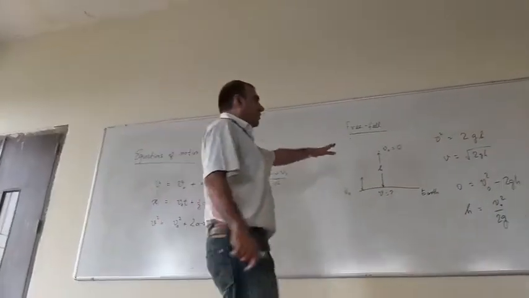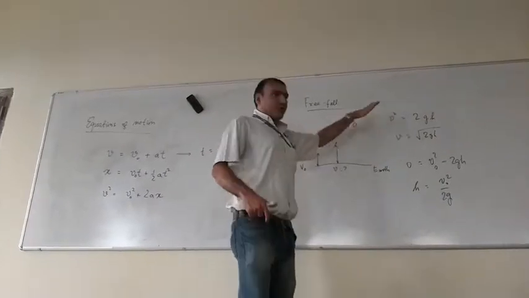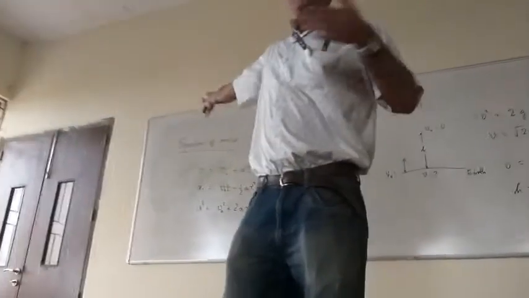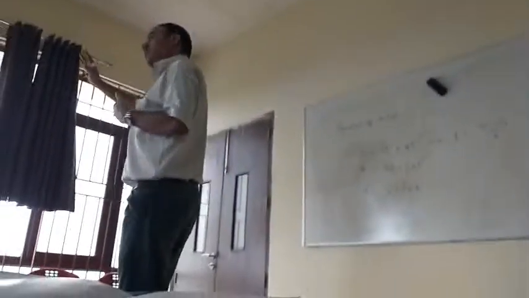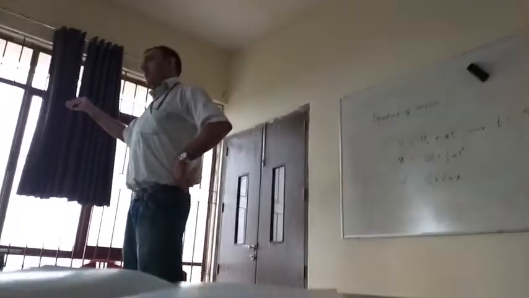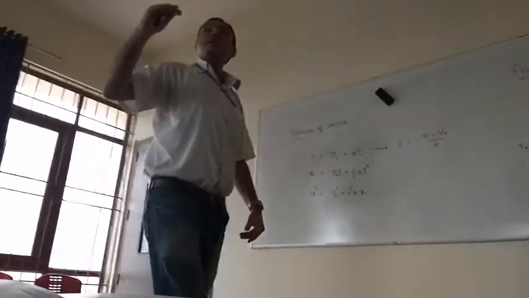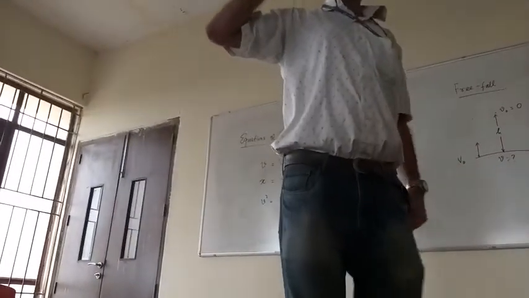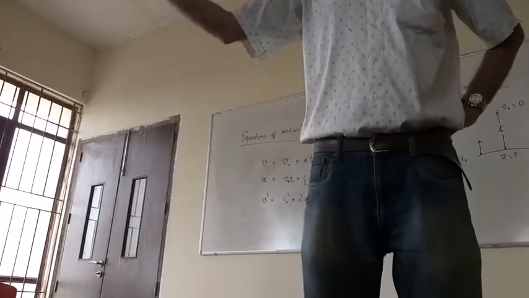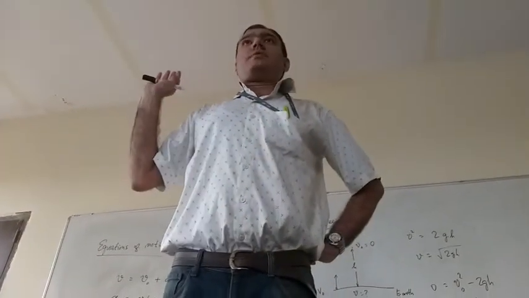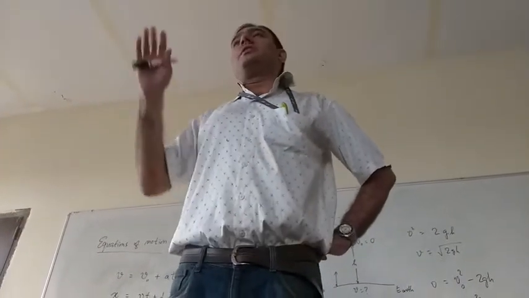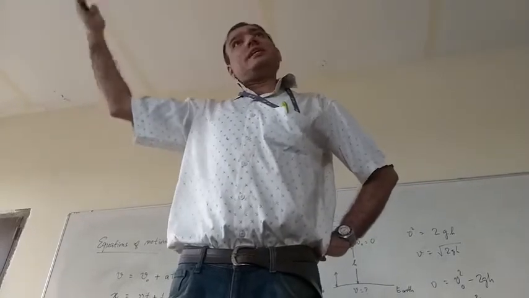Because remember, the framework in which we are doing the kinematics here is without air resistance. There is no friction due to air. That means that the sum total of the kinetic and the potential energy is conserved, because there is no dissipation due to friction from the air.